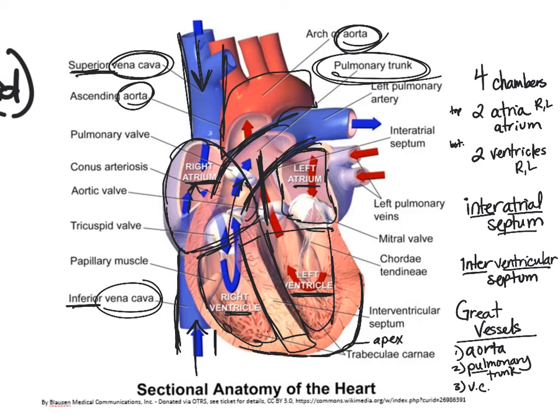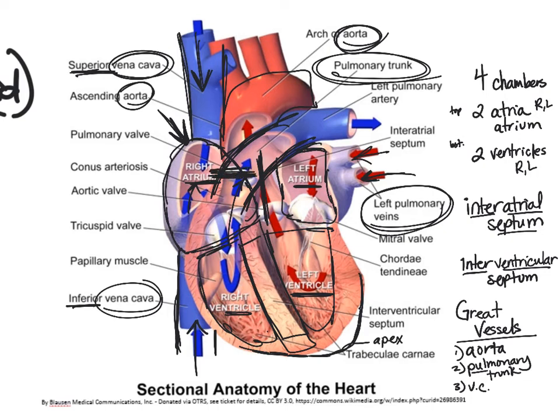And then our pulmonary veins. We can see we have our left pulmonary veins right here. So our left pulmonary veins are going to be bringing blood to the left atrium. And then back here behind the right atrium, we would have right pulmonary veins as well that you can't see. They're behind the image.